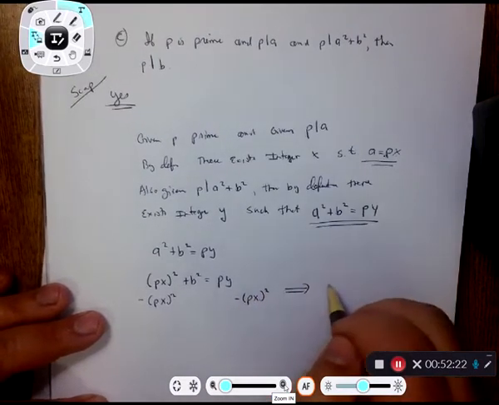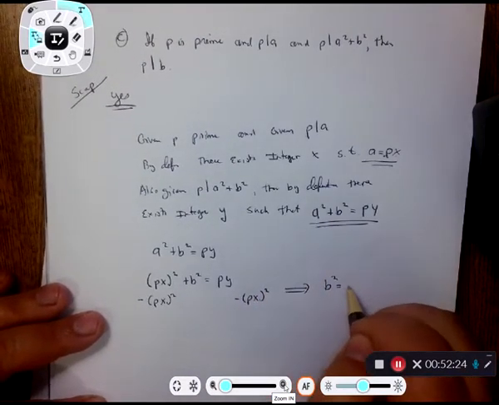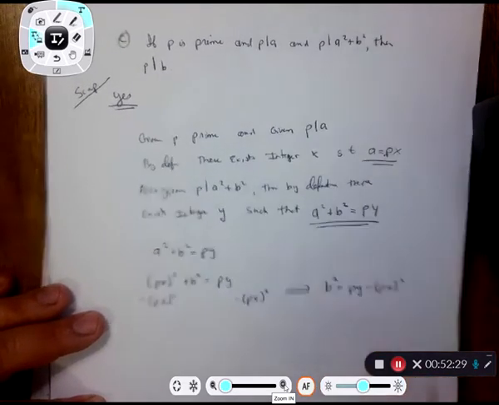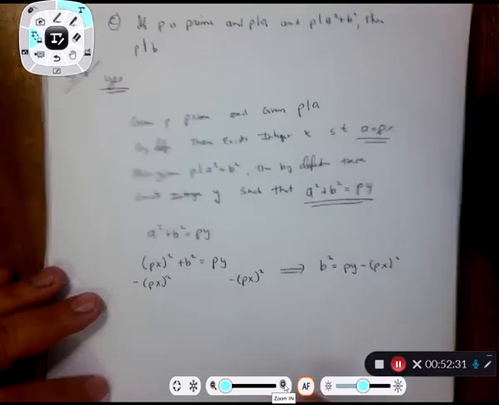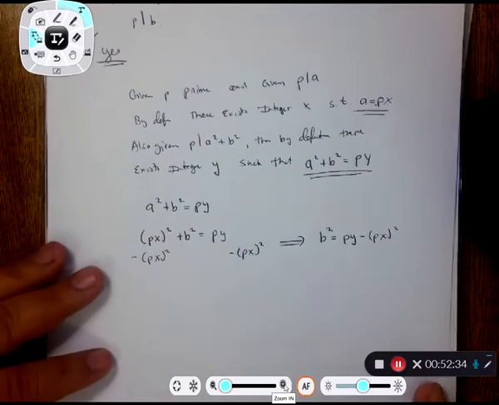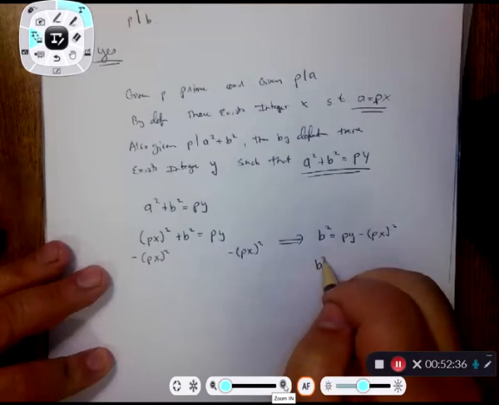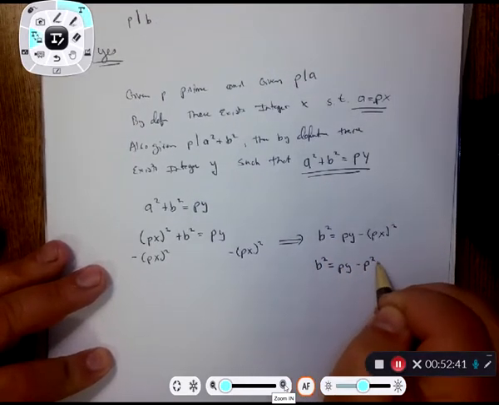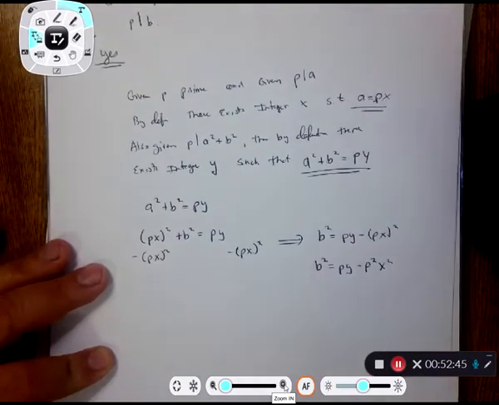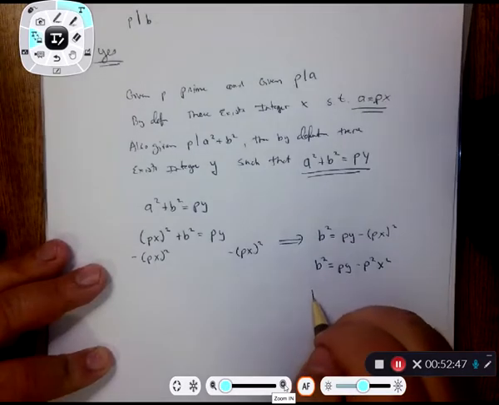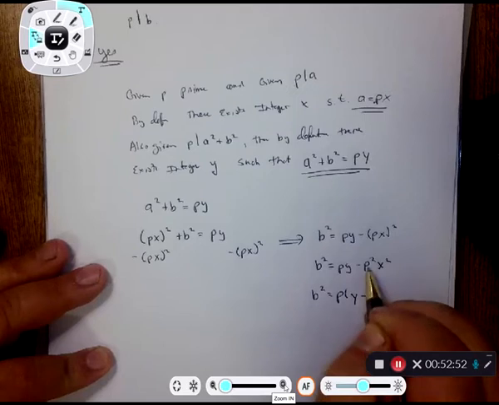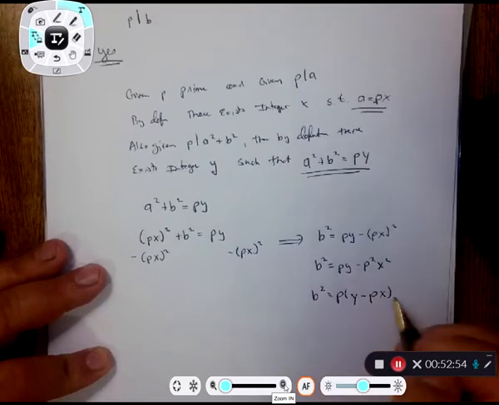This gives me B squared is equal to PY minus (PX) squared, which is PY minus P squared x squared. I've got a P in common, so I can factor it out: B squared equals P times (y minus Px squared).